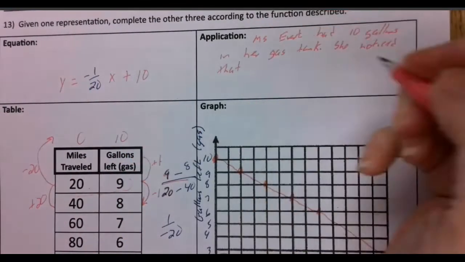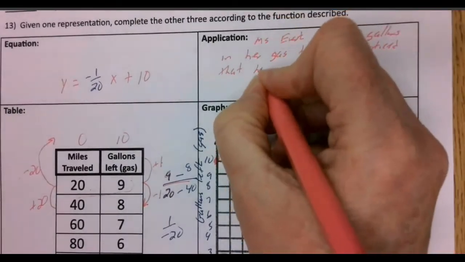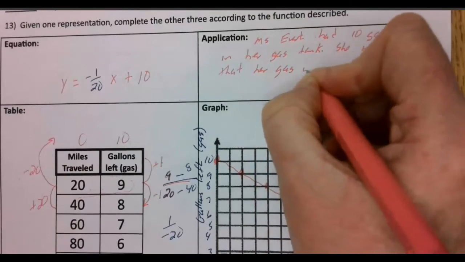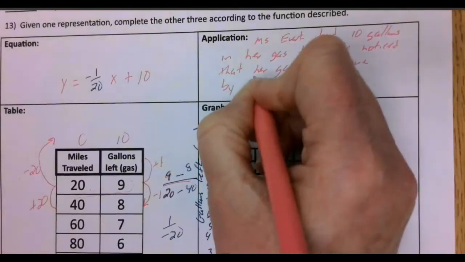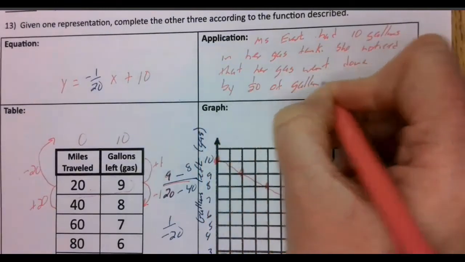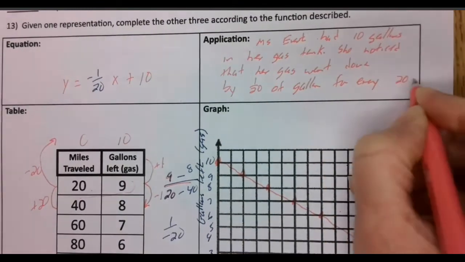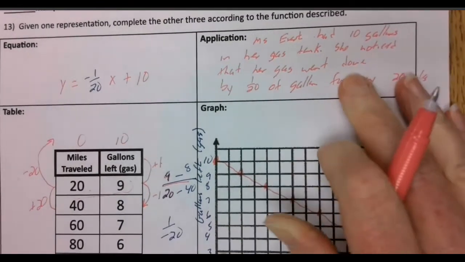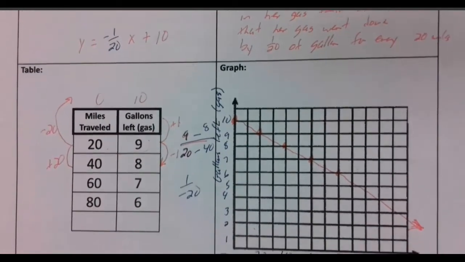Or, to make it the easiest way, she noticed that her gas went down by 1/20 of a gallon for every 20 miles. Now, you wouldn't have to put this part on, okay? But that's just one example. You could do that lots of different ways.